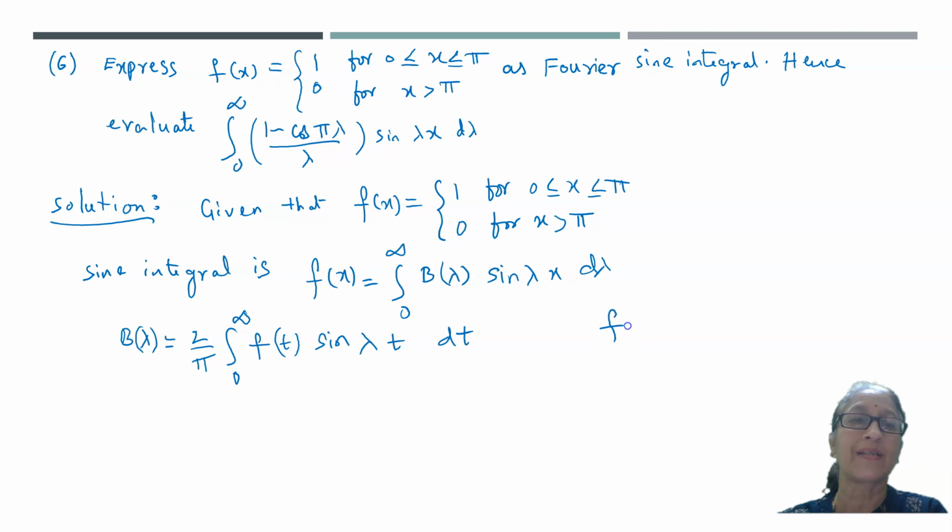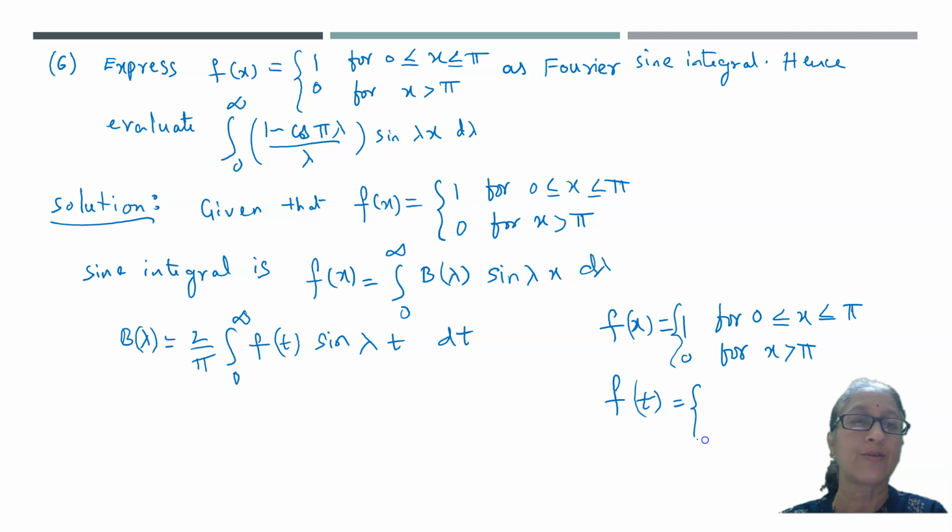Here, what is f(x)? f(x) equals 1 for 0 ≤ x ≤ π, and 0 for x > π. So f(t) is also equal to 1 for 0 ≤ t ≤ π, and 0 for t > π.